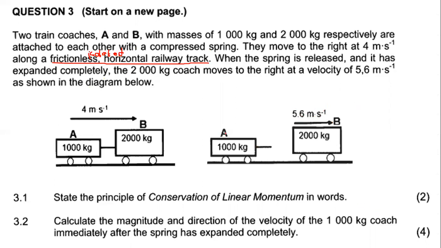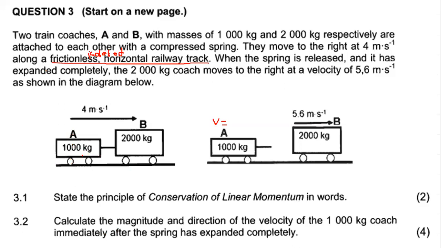In other words, we do not know the magnitude of A after the explosion. This is a typical example of an explosion. It's not really a collision, it's more of an explosion, and as a result you need to be able to work with explosions as well.